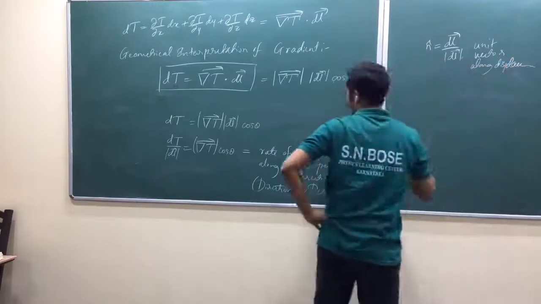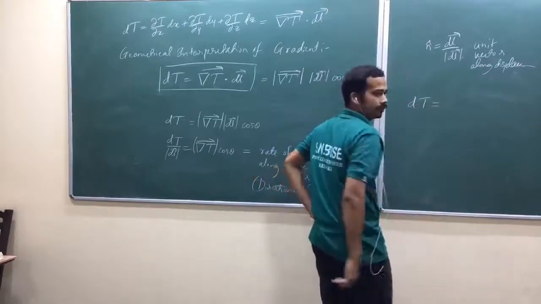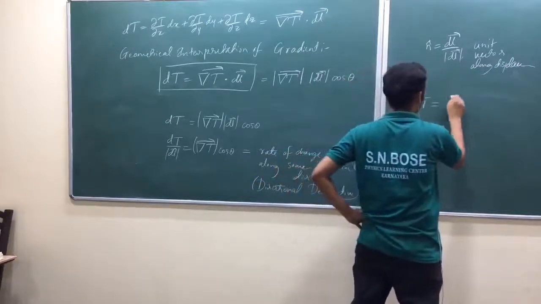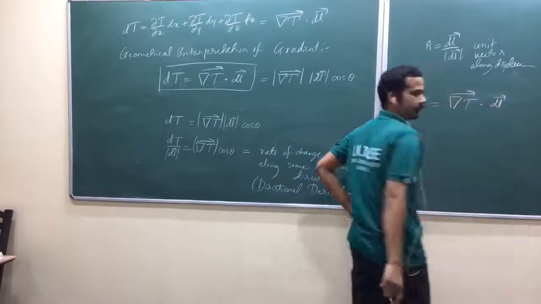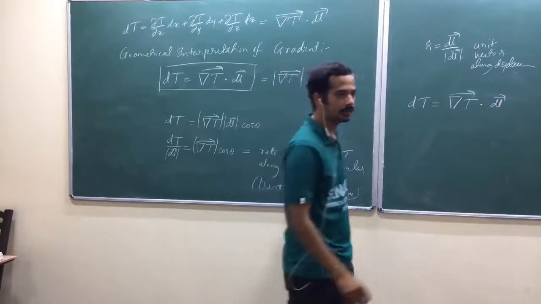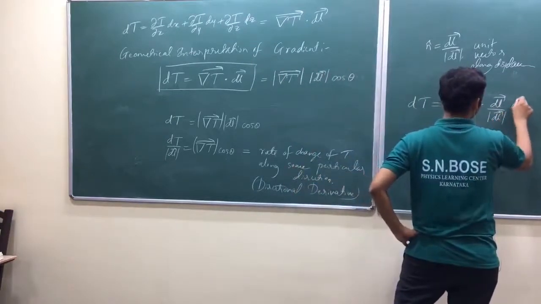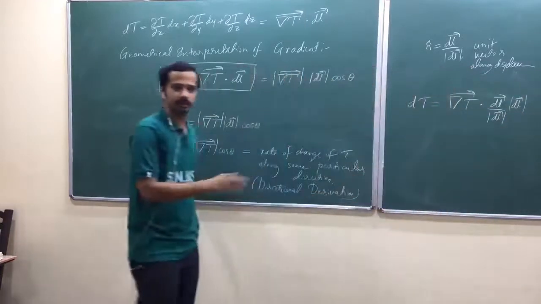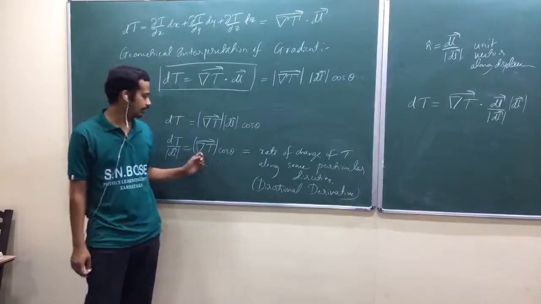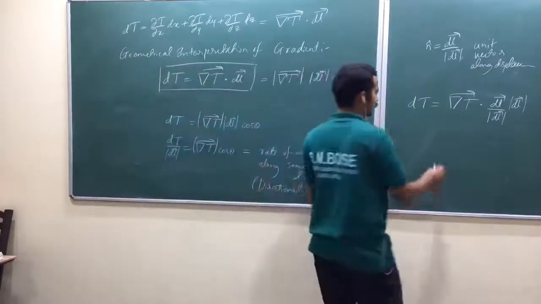Is that okay? So now I can just write, look at here, dt is equal to, let me take very earlier definition, del t dot dl vector. What I do here is divide by mod of dl vector into mod of dl vector. I could have written direct expression, okay? So that directly the del t cos theta is dot product with n cap, obviously, that's the projection. Am I right?